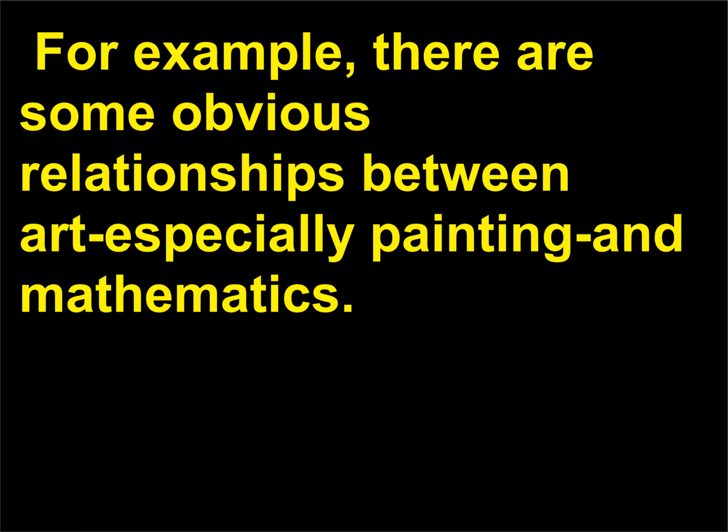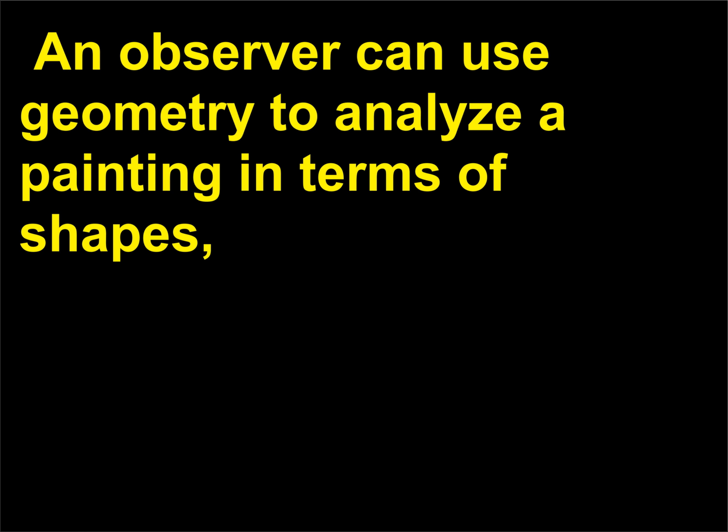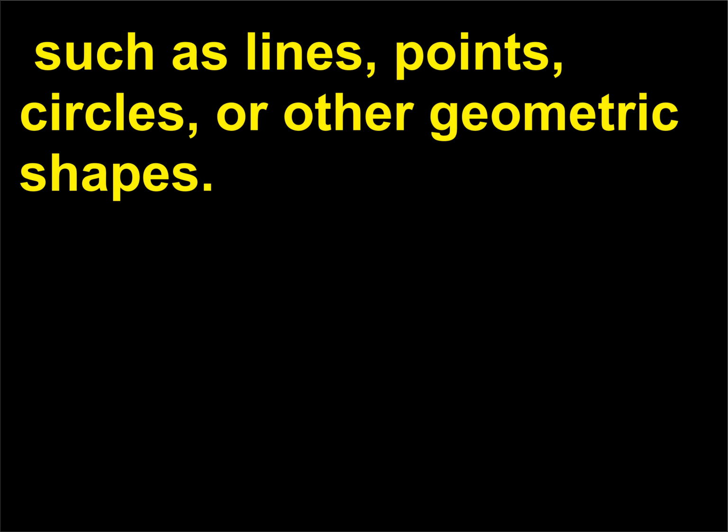For example, there are some obvious relationships between art, especially painting, and mathematics. An observer can use geometry to analyze a painting in terms of shapes, such as lines, points, circles, or other geometric shapes.